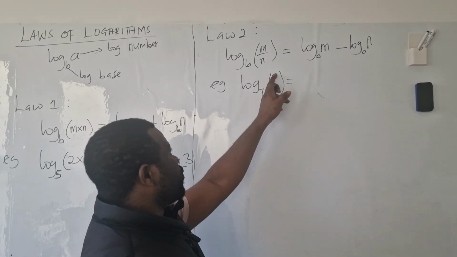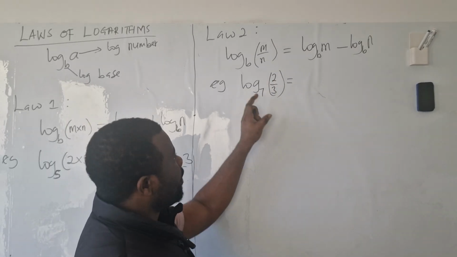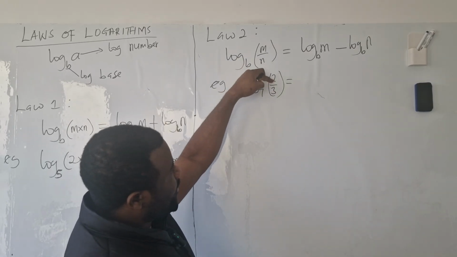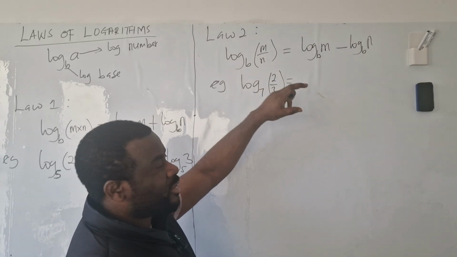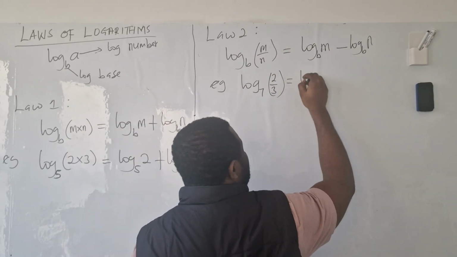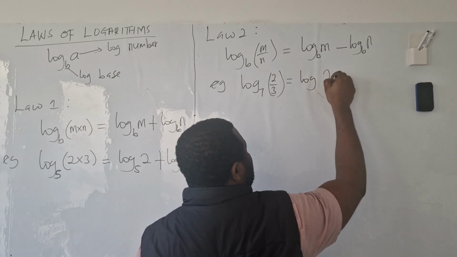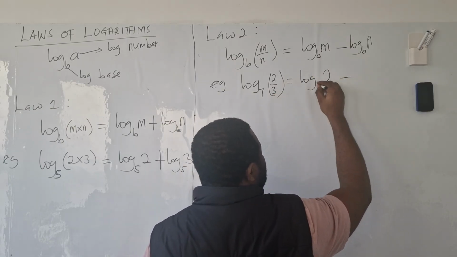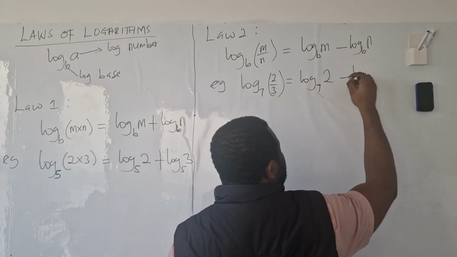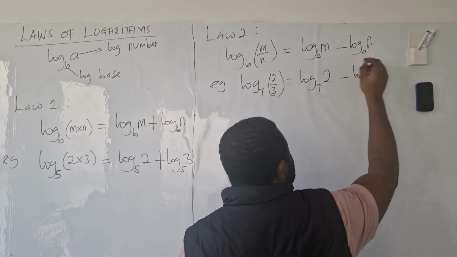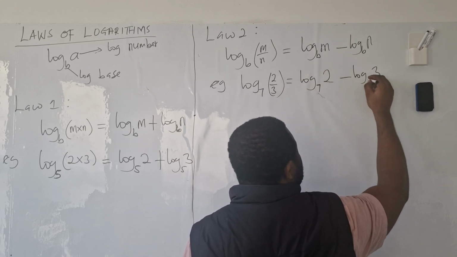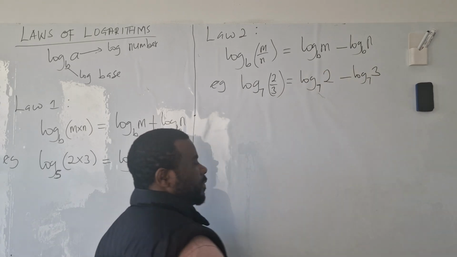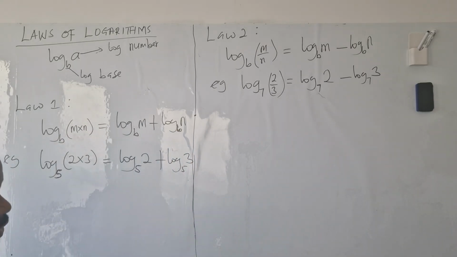The log number here is 2 on 3 and the base is 7. We can separate this division of numbers with a subtraction sign as log of the numerator 2 to the base 7 minus log of the denominator 3 to the base 7. Good. So that is the second law.